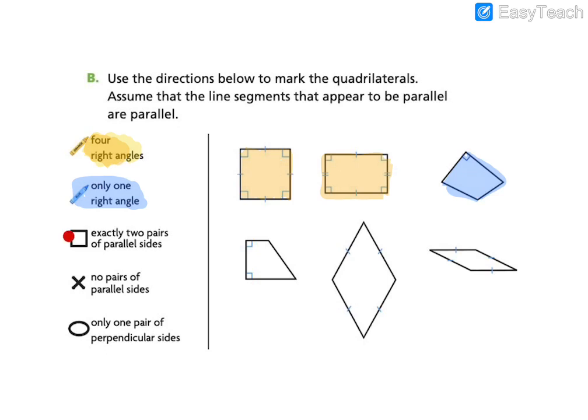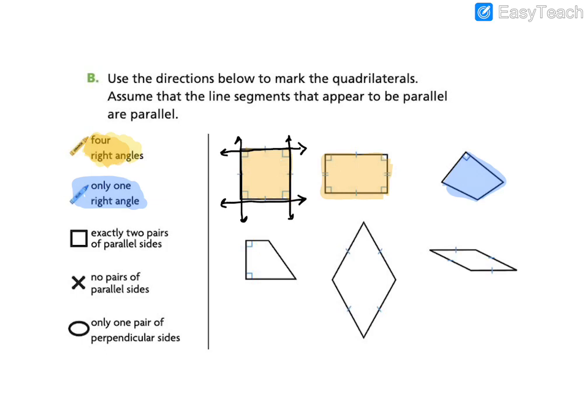All right, now we're going to put a box around shapes with exactly 2 pairs of parallel sides. So if I look at this first shape here, that's 1 pair of parallel sides. This side and this side. But this side is also parallel to that side.